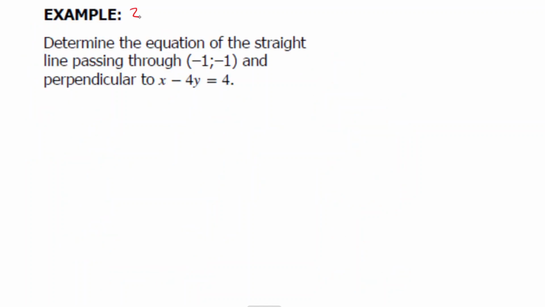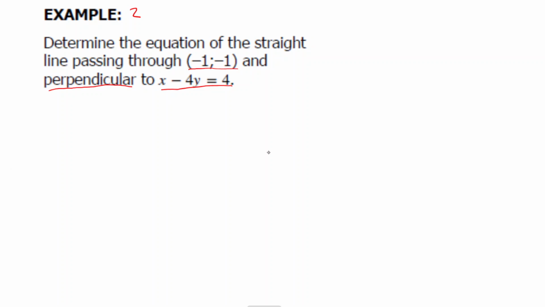Okay, now for example number 2, let's look at this one. You are given a statement here that says determine the equation of a straight line passing through this point, negative 1 and negative 1, and perpendicular to x minus 4y equals 4.